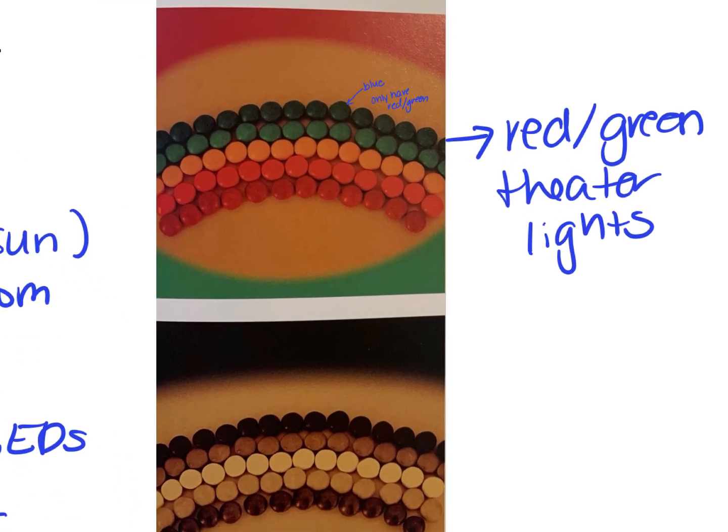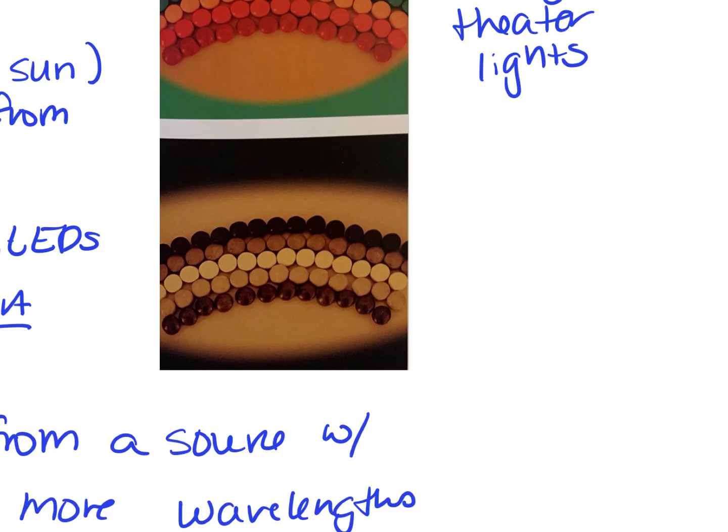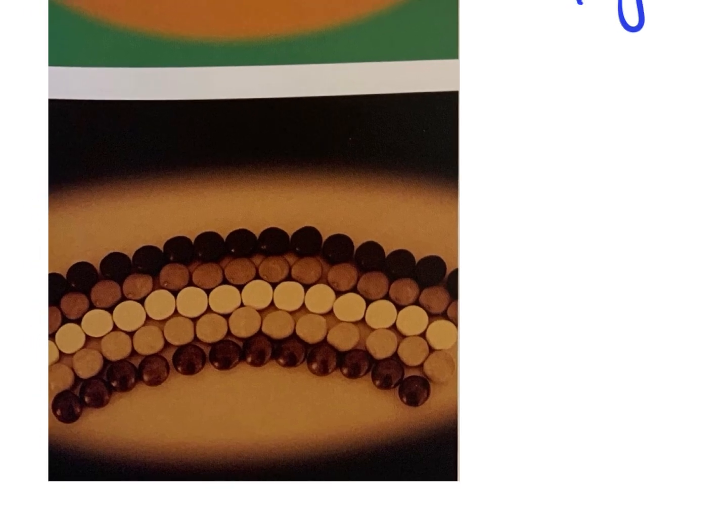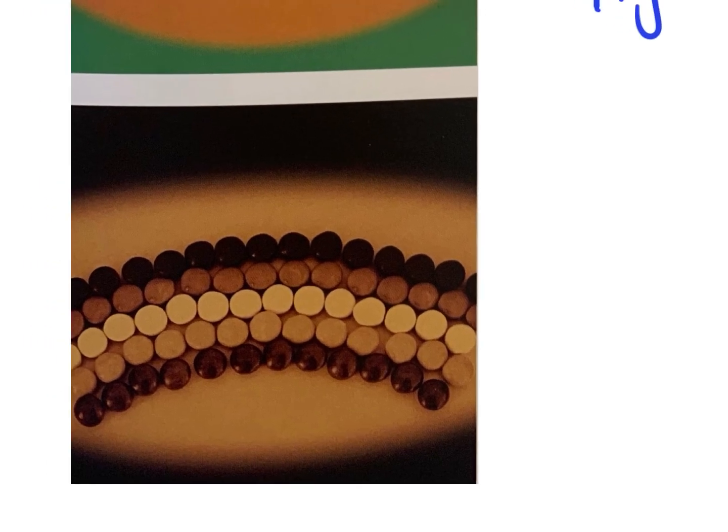Now, if an object absorbs light from a source with a super limited spectrum, it may reflect fewer wavelengths. So let's look at this last image here. This image of these candies, the only light that's on it is a yellow laser with a really narrow wavelength of 589 nanometers, right?